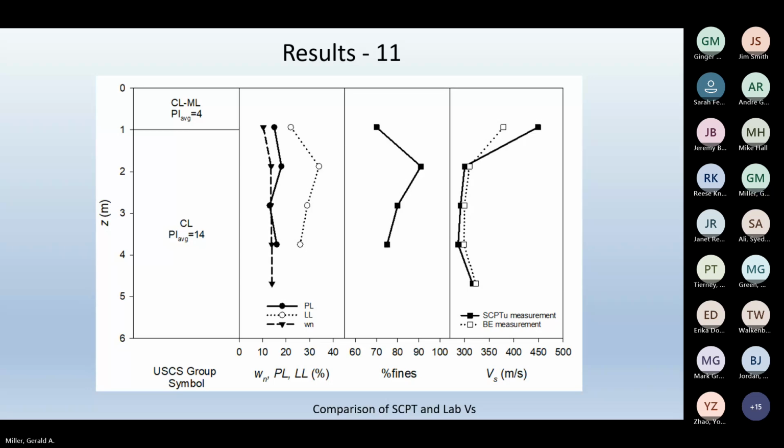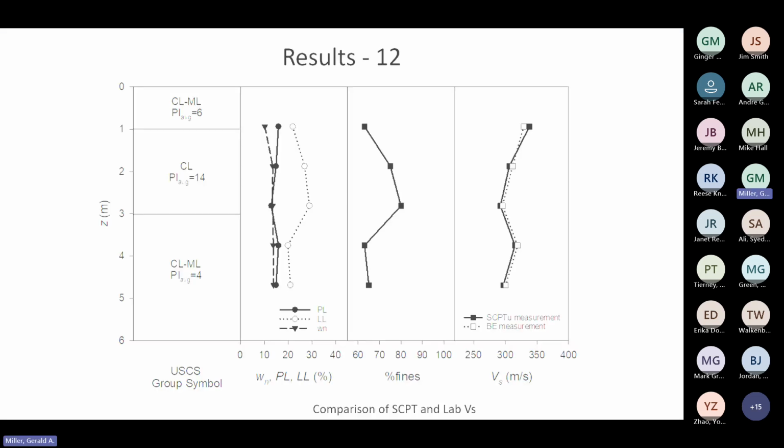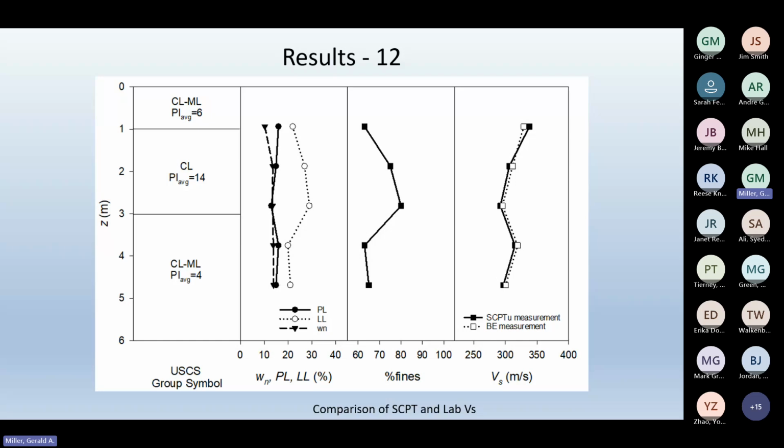So we're not capturing that with the single sample in the center of that layer. But very encouraging. And then the last site, again, very good agreement. So I found this to be remarkable and highly encouraging, because this gave me great confidence in shear wave velocity measurements and their use in practice.